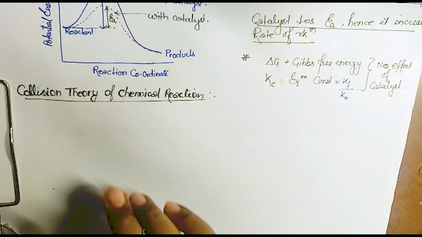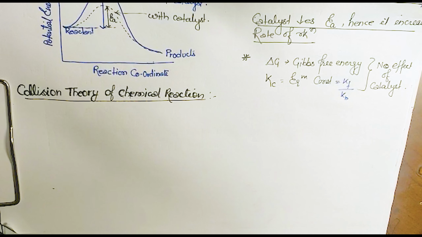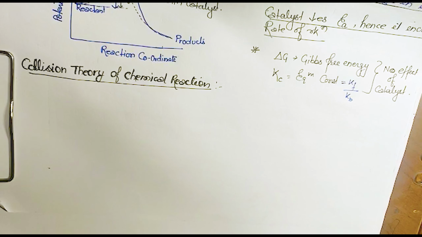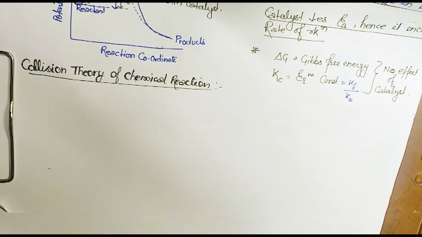After this there is a theory, the collision theory of chemical reaction, that we have to study, and this is the last topic of this chapter. In this collision theory, the Arrhenius equation is applicable for a wide range, but it says that not all the molecules which collide with each other convert into the product.